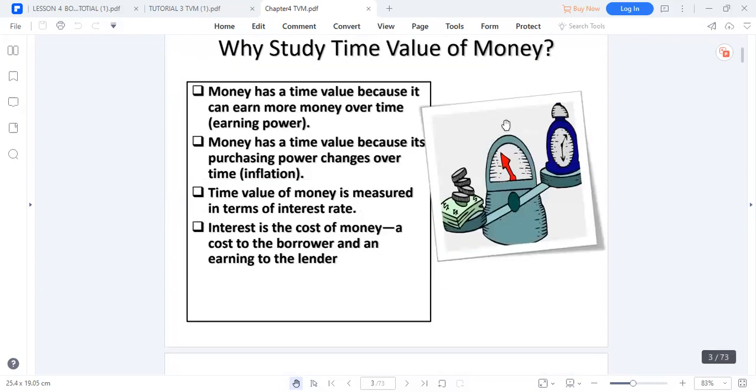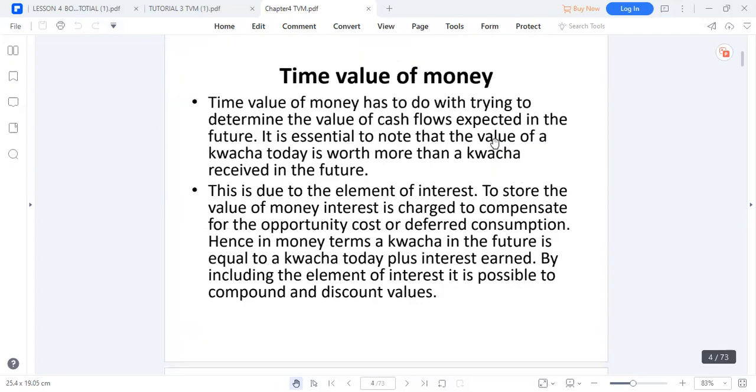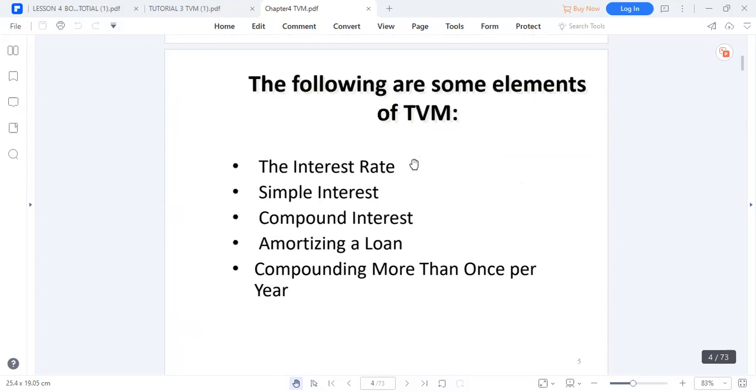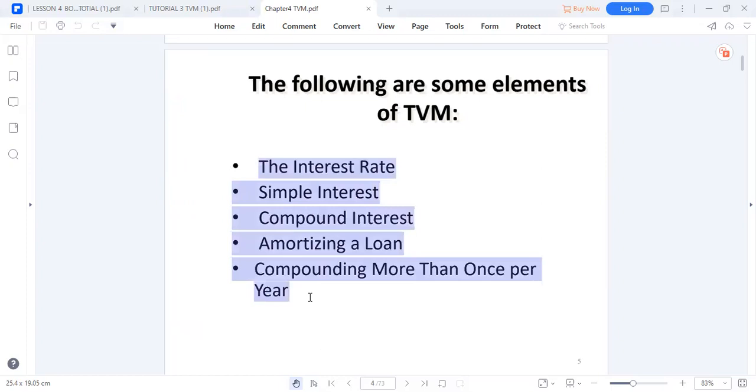So time is money. And for that very fact, you're spending time in this course with me. And so we're going to look at these types of interest rates that are very pertinent: simple interest, compound interest, and also we're going to understand what loan amortization is all about.